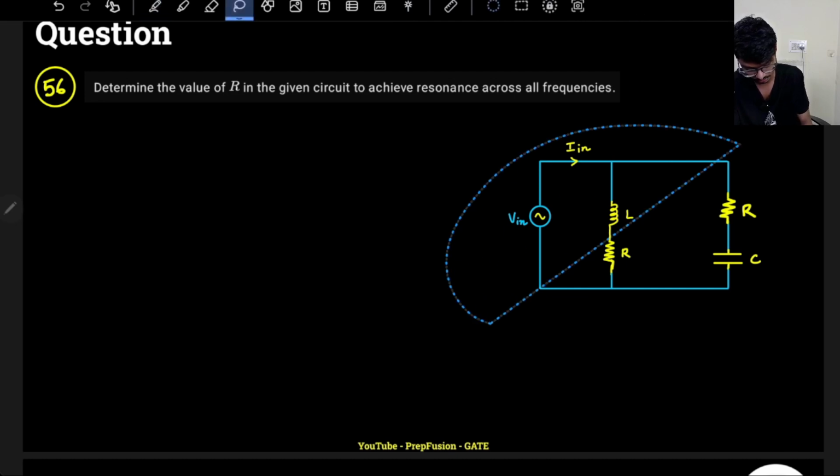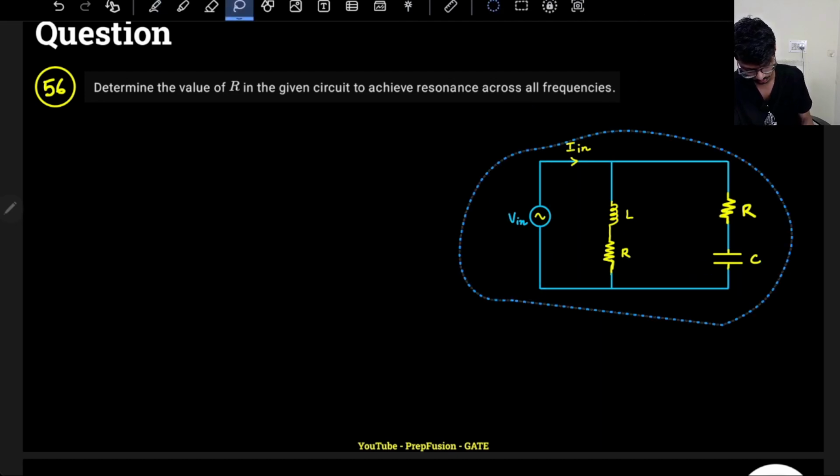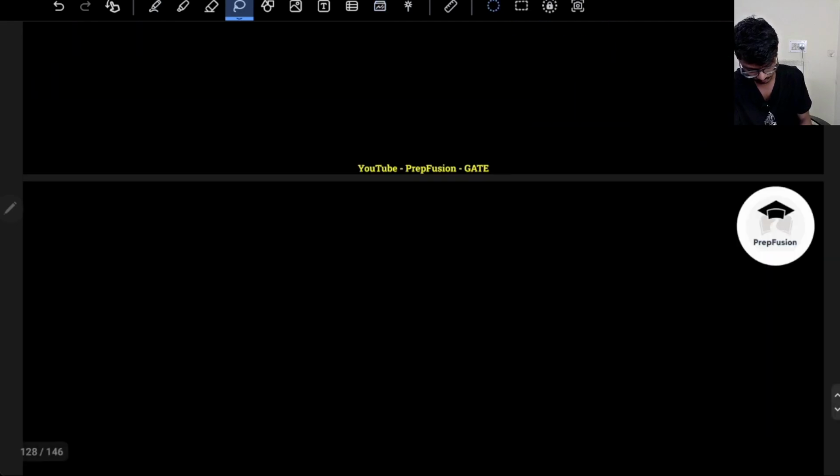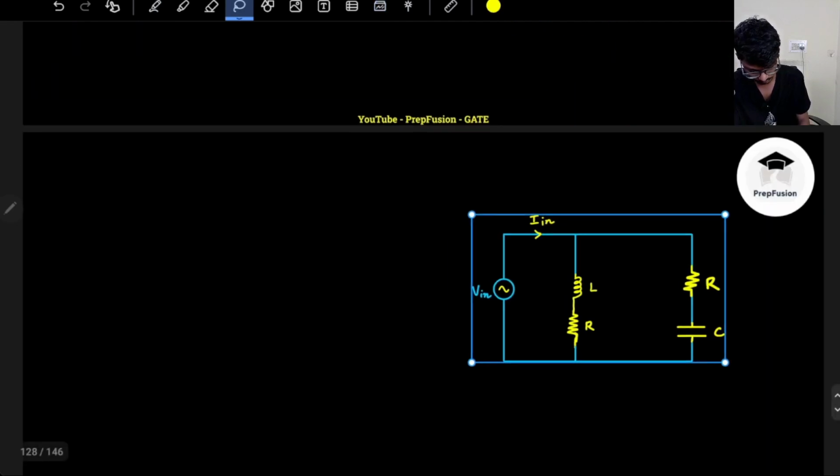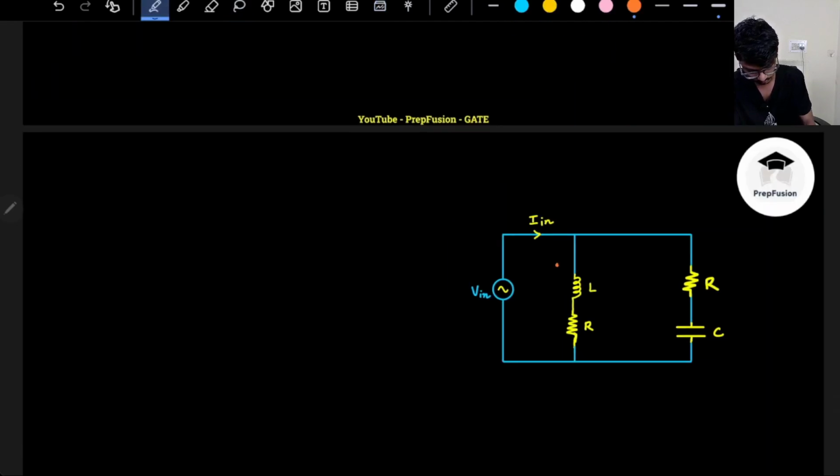I will just copy this. This structure is known as a special tank circuit.